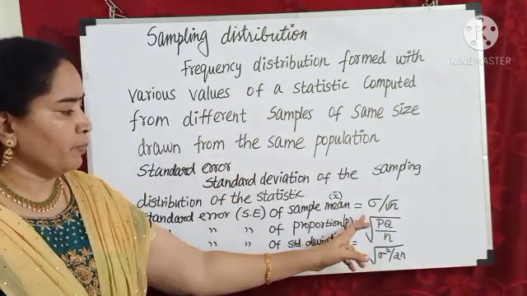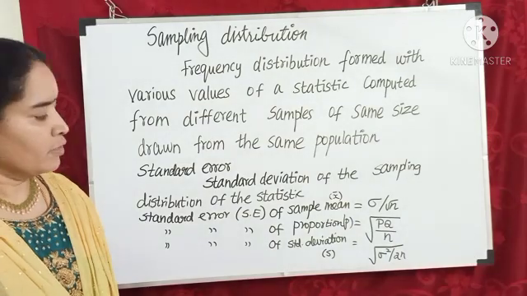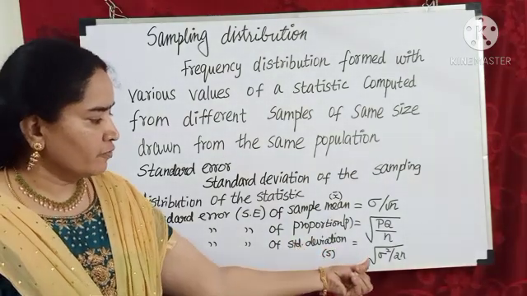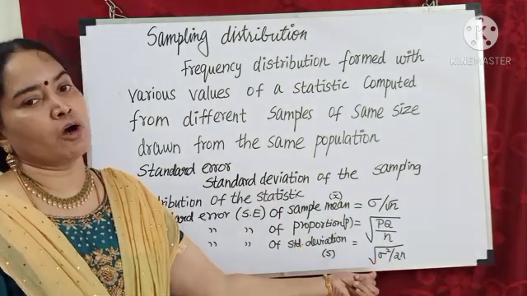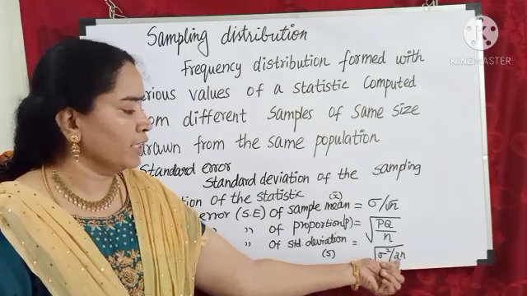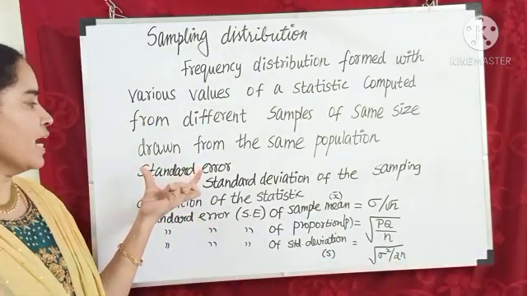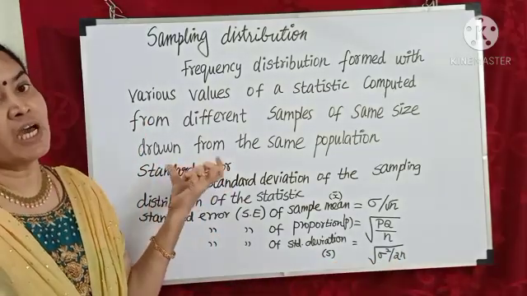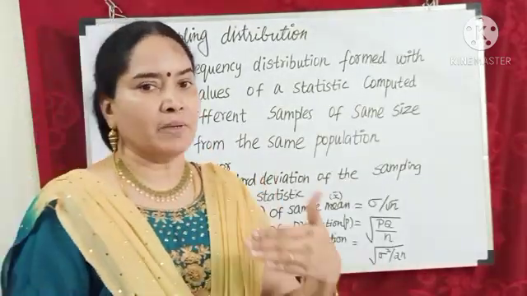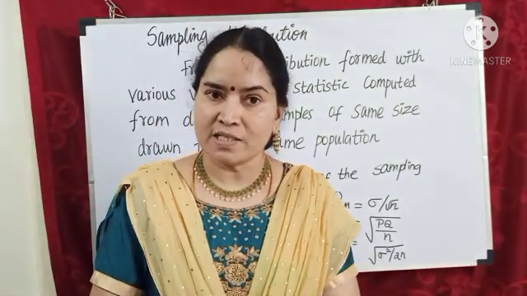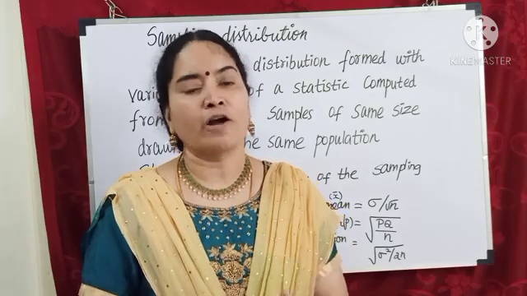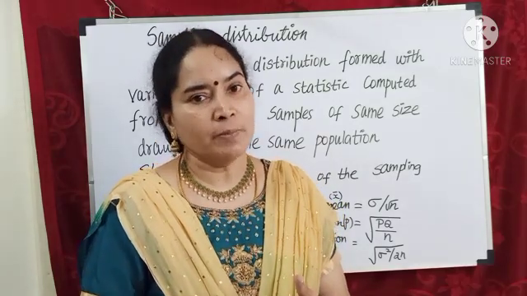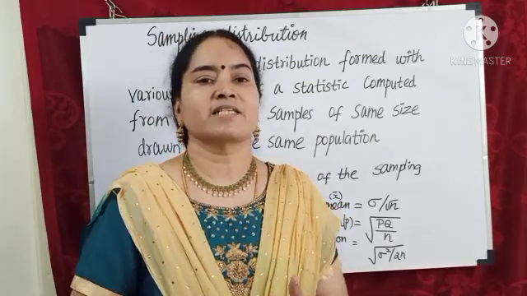So root of PQ by n. For standard deviation, we have the formula root of sigma squared by 2n. So standard error constitutes a very important place in hypothesis testing as well as in confidence intervals, which will be dealt with in detail in the next exercise.